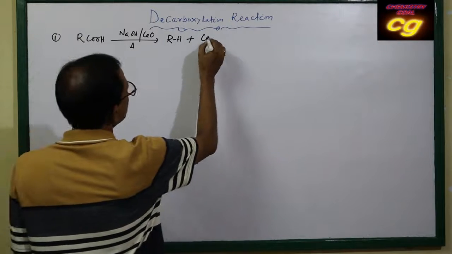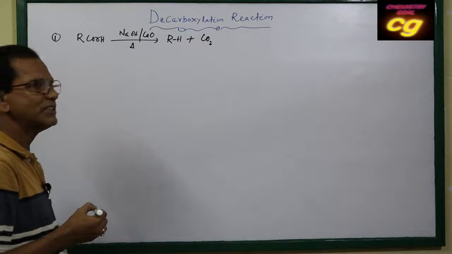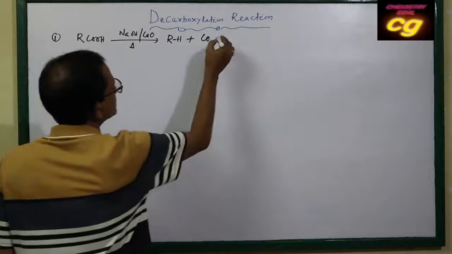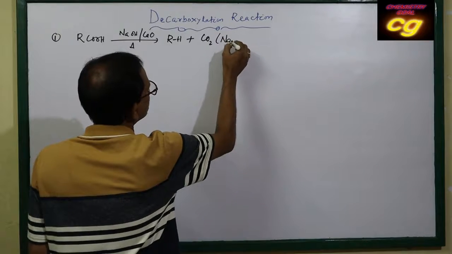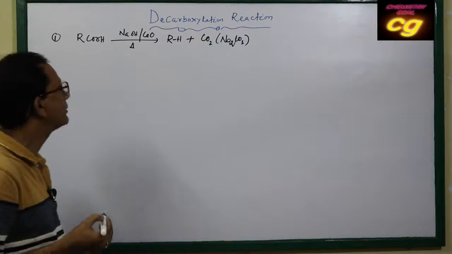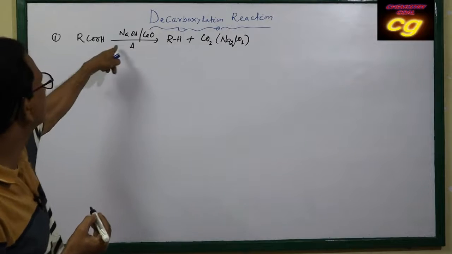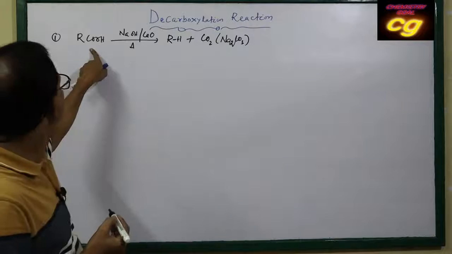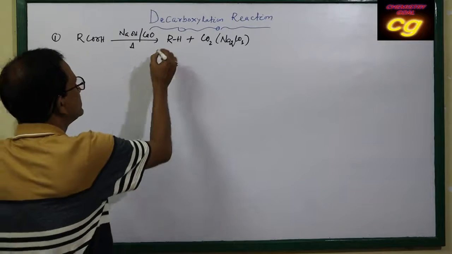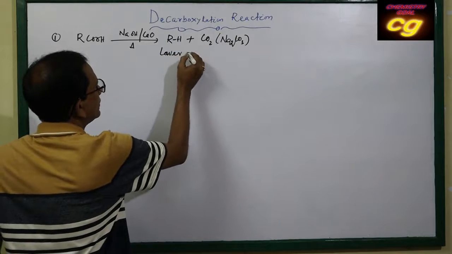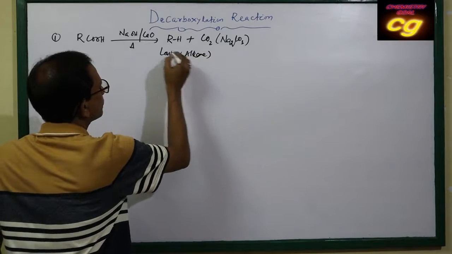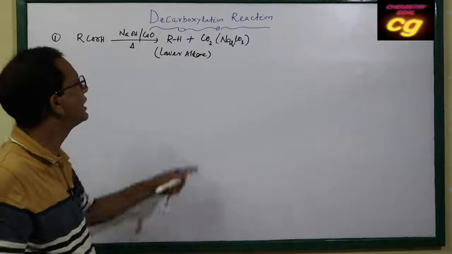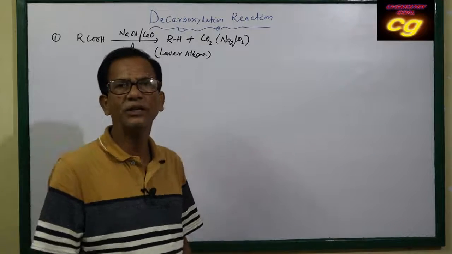The carbon dioxide is obtained in the form of sodium carbonate, as the released carbon dioxide reacts with sodium hydroxide forming sodium carbonate. Formation of alkane means lower alkane. Formation of lower alkane from carboxylic acid with the loss of carbon dioxide. This reaction is called decarboxylation.